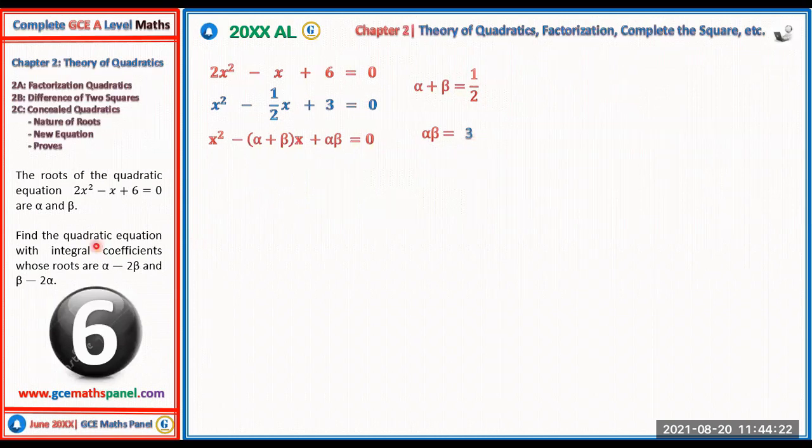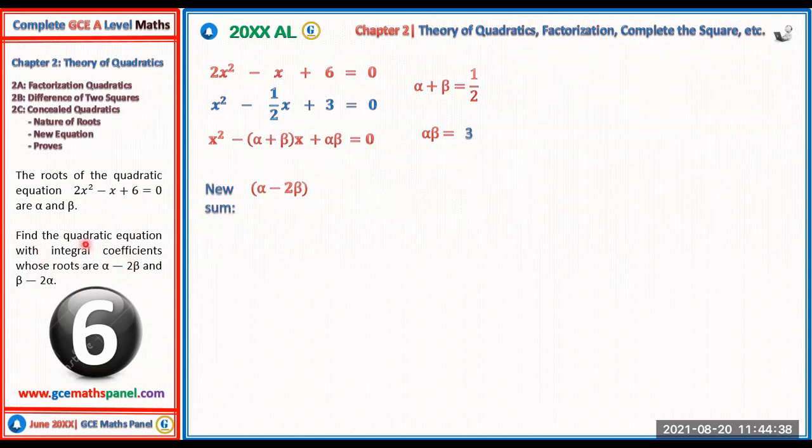Now, they want us to use these values that we already have to form a new equation. So what I'll need here is a new sum. And that new sum will be what we have here, alpha minus 2 beta plus beta minus 2 alpha. That will be my new sum.